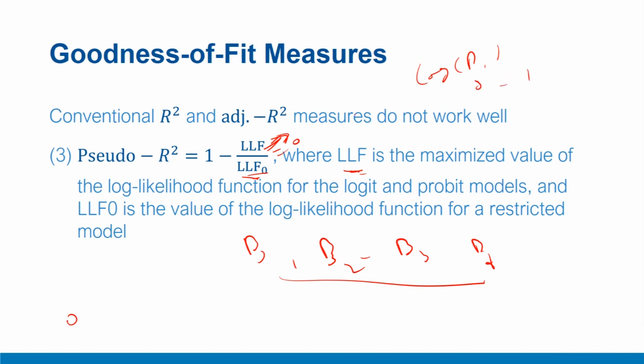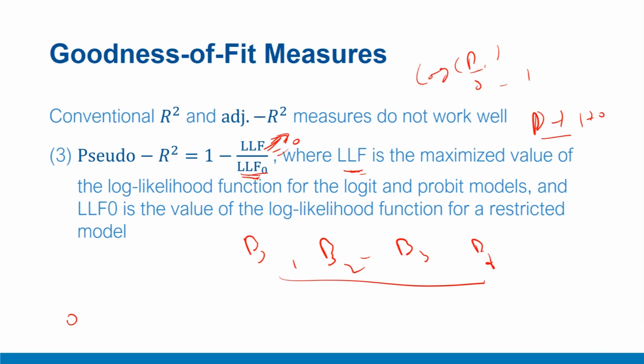If your model is very well specified, let's say it is a very good model where probability is almost inching towards 1, which is an ideal case, then the log of this value LLF will be closer to 0, because likelihood functions are probabilities, and when the probability approaches 1, the log likelihood will approach 0.